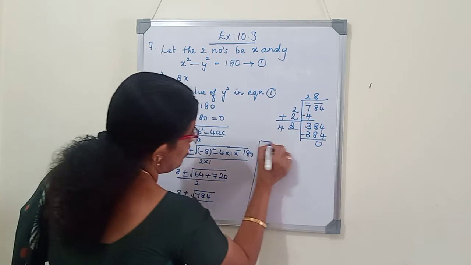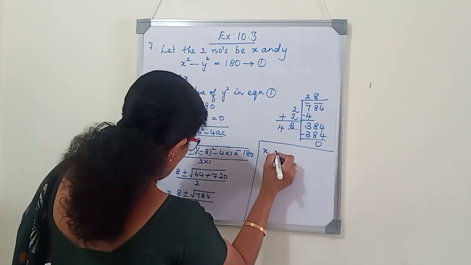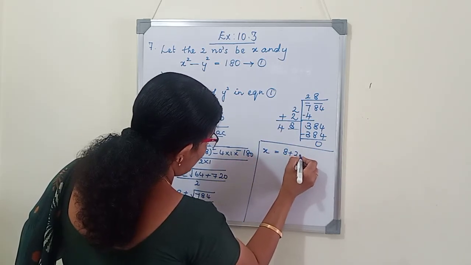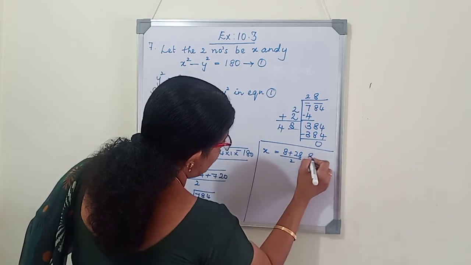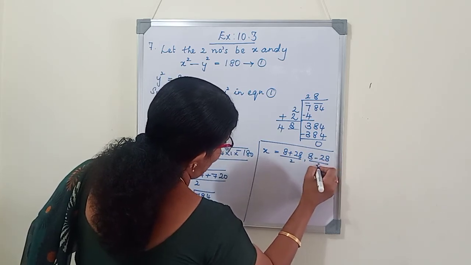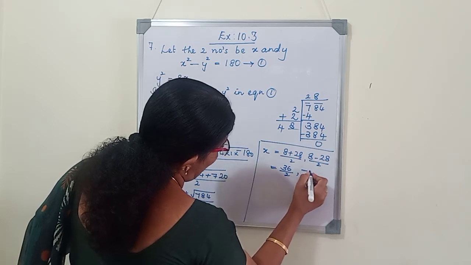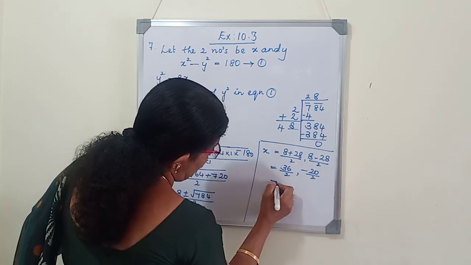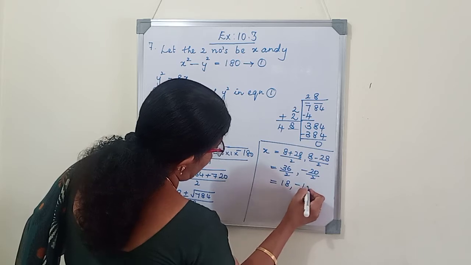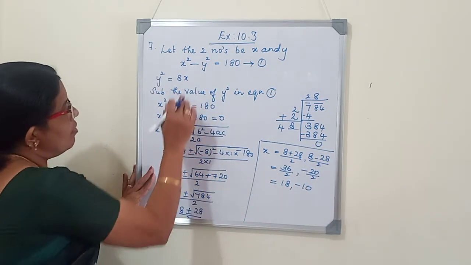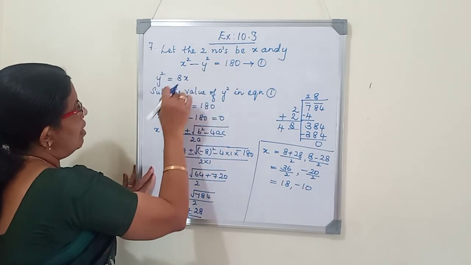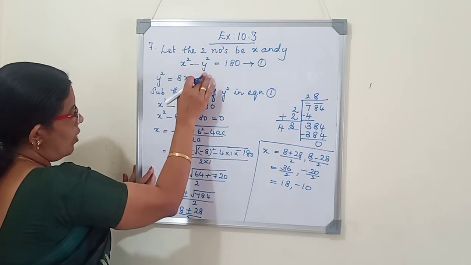So now x equals 8 plus 28 by 2, comma, 8 minus 28 by 2. 8 plus 28 is 36 by 2. Here minus 20 by 2. So 18 and minus 10 you will get. The question is, we want to find the two numbers. One number is x and we started with the other number as y.